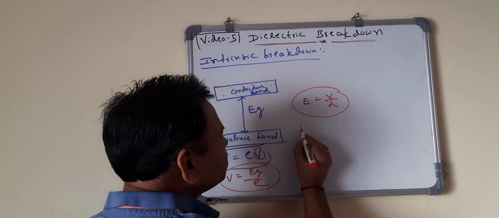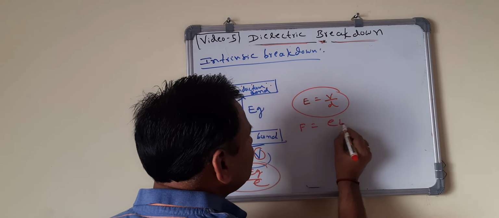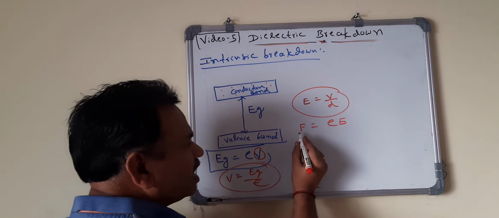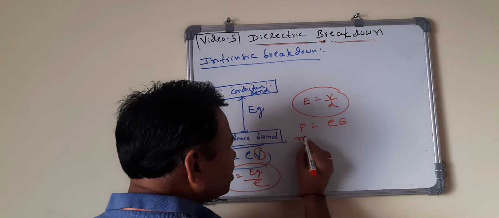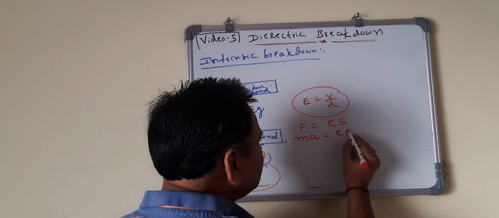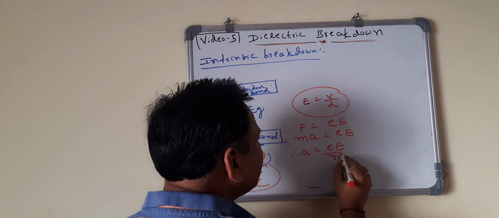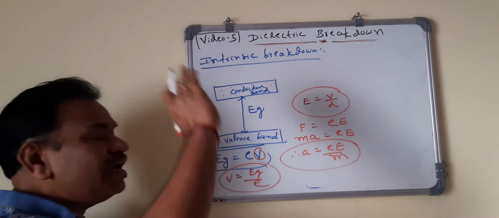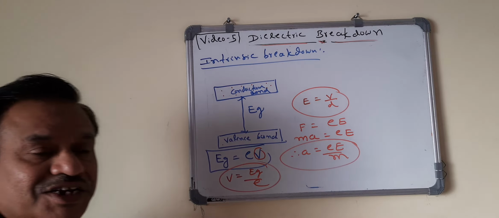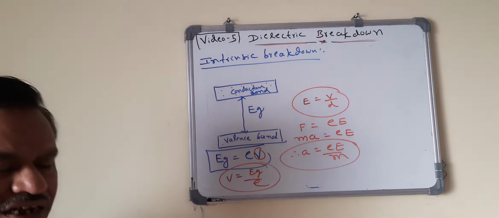In this field, force is experienced, force equals e times E. According to Newton's second law, ma equals eE. Therefore, acceleration equals eE divided by m. Here all electrons get accelerated. When there is an acceleration, there must be a mobility.